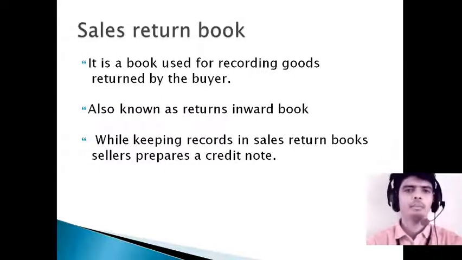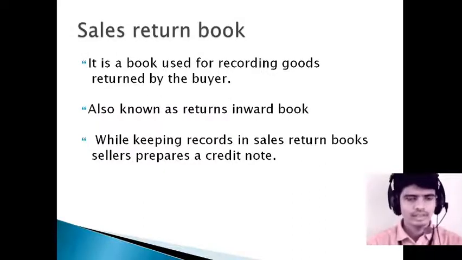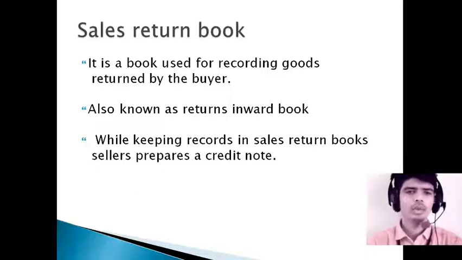For example, if we are the seller and we have sold 20,000 fans to XYZ buyer, but after purchasing, the buyer gets to know that out of 20,000, 100 were defective items.